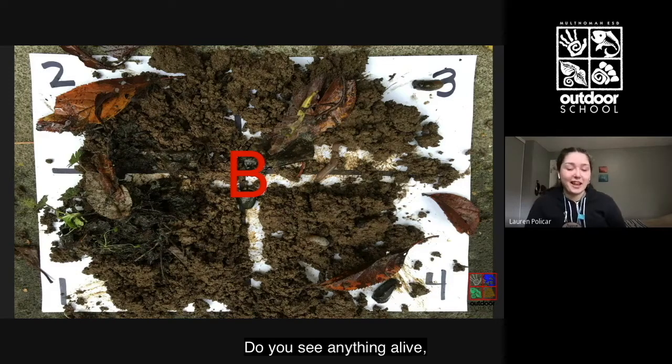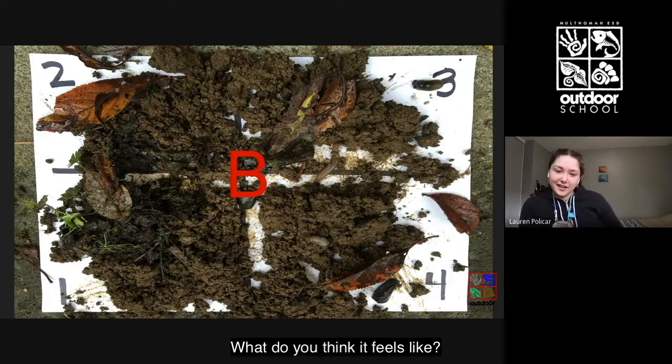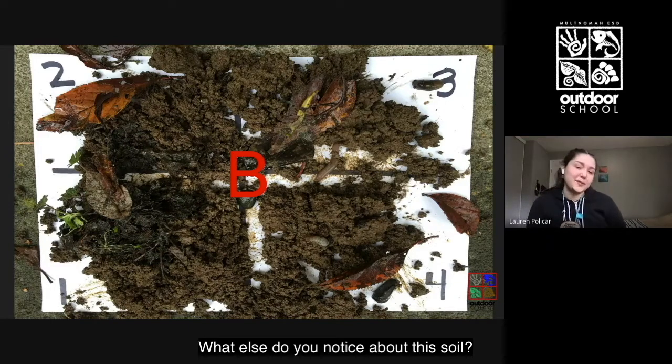Do you see anything alive? Or maybe not alive? What do you think it feels like? What else do you notice about this soil?